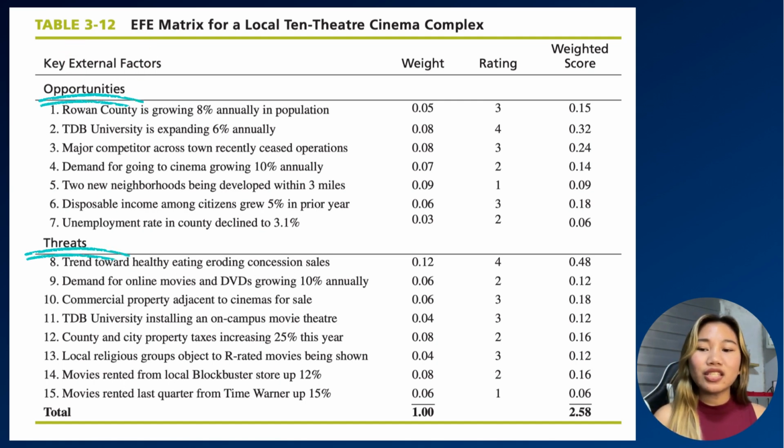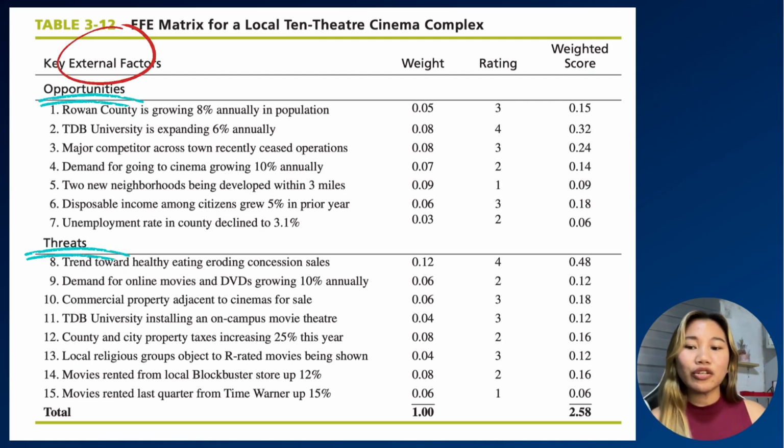By analyzing the external environment with tools like Porter's five forces or profile matrix, the key external factors can be identified. The general rule is to identify as many external and internal factors as possible. Include a total of 15 to 20 factors, including both opportunities and threats that affect the firm and its industry. List the opportunities first and then the threats.